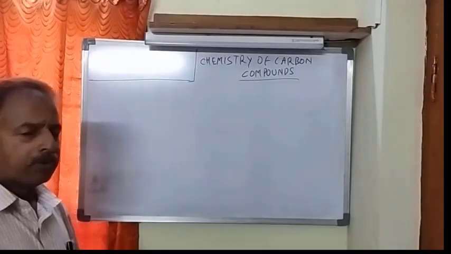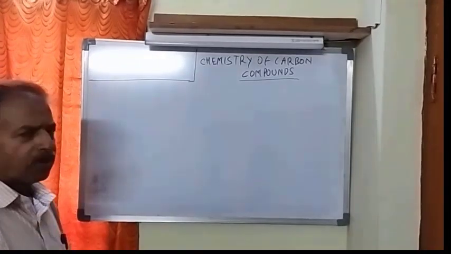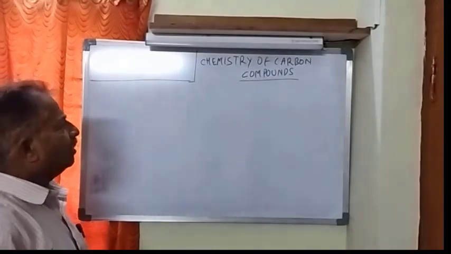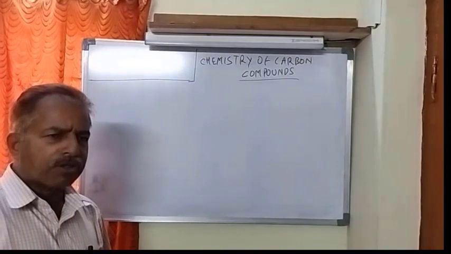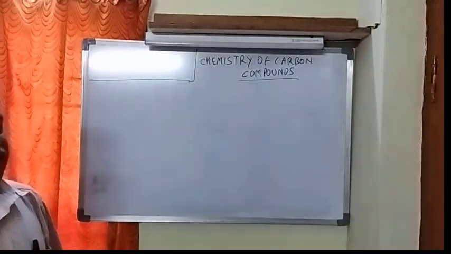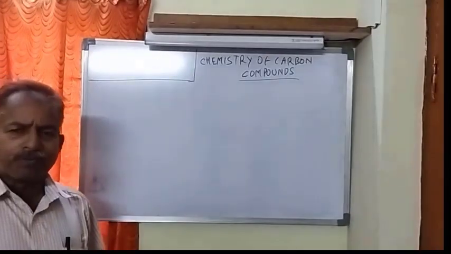Hello students, in this video I am going to explain chemistry of carbon compounds, the versatile nature of carbon. Chemistry of carbon compounds means carbon along with a few elements, that is hydrogen. Major number of compounds are formed with carbon and hydrogen.